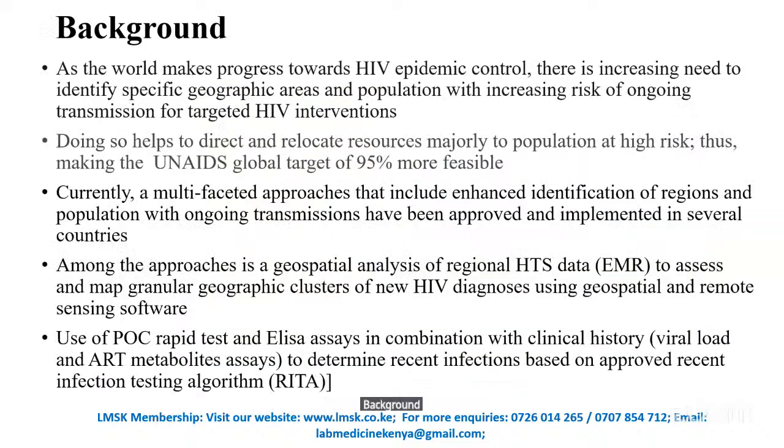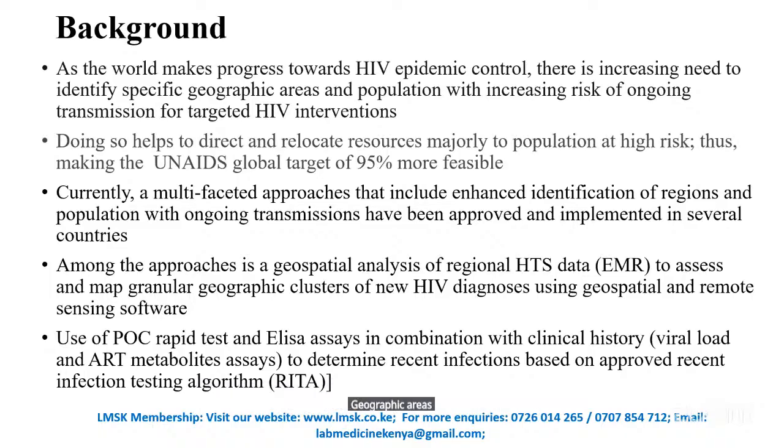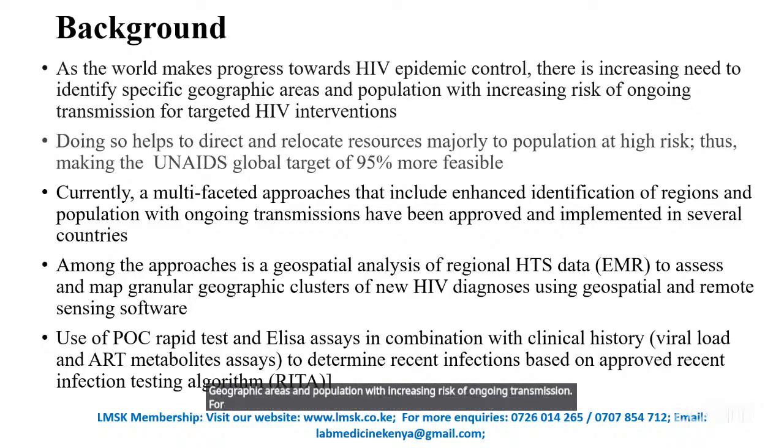Background: as the world makes progress towards HIV epidemic control, there is increasing need to identify specific geographic areas and populations with increasing risk of ongoing transmission for targeted HIV interventions.